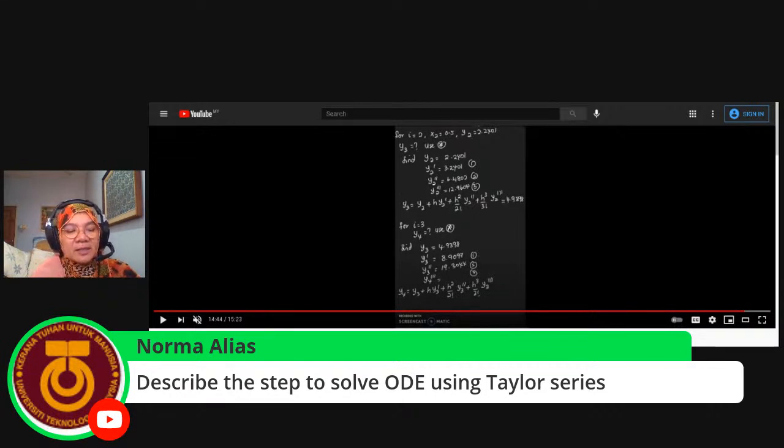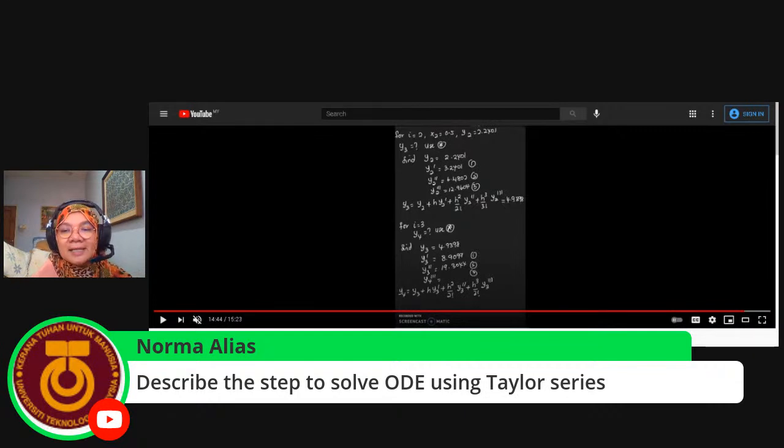Transform the question to a graph. From the graph you can get the domain of solution, so you know the location, where is the solution. This is first.